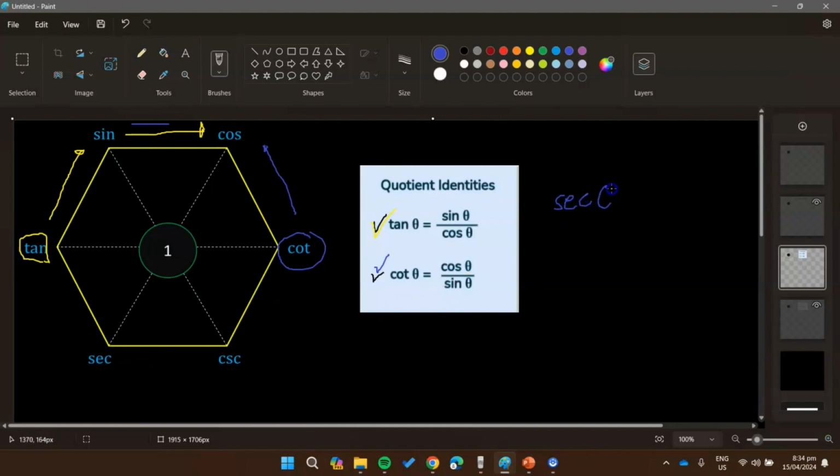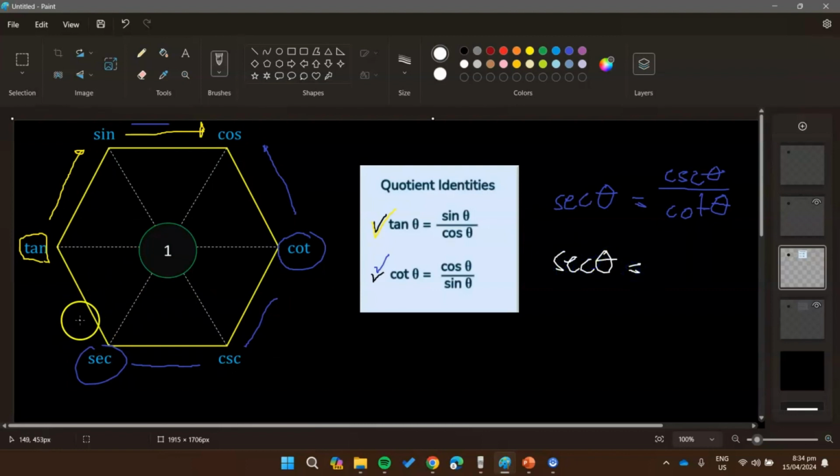So, secant theta, using again the quotient identity, this is either cosecant over cotangent theta. So, let's do clockwise direction. Secant theta is also equal to tangent theta over sine theta. That is again for the quotient identities.